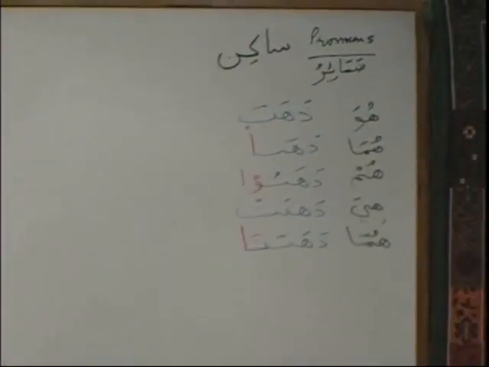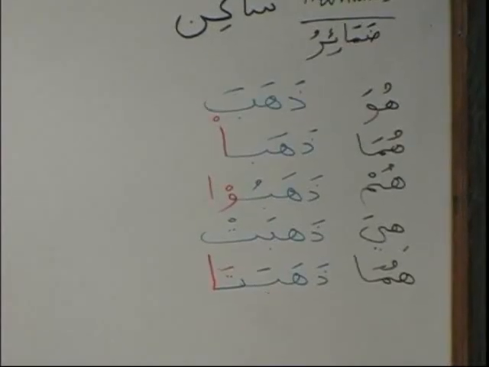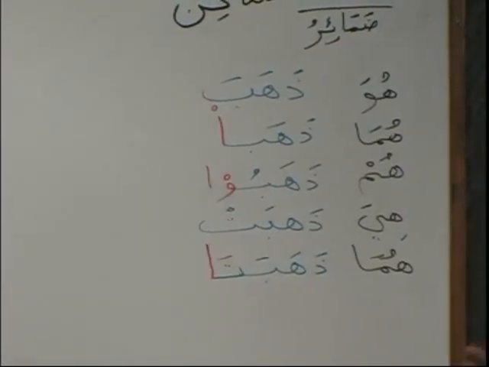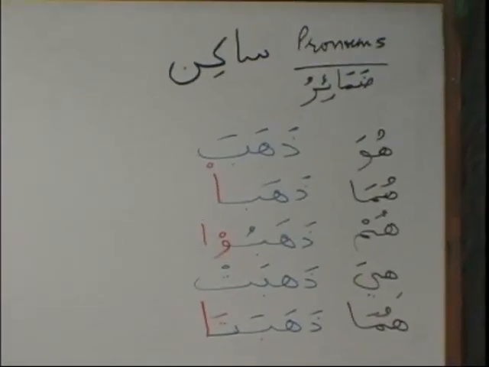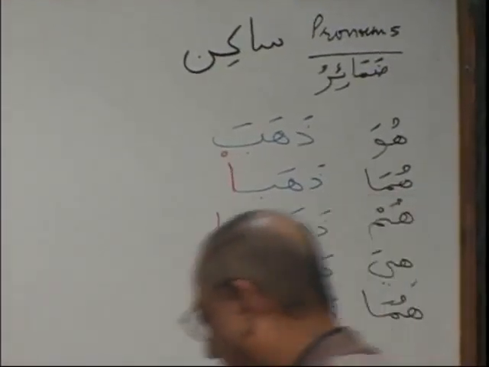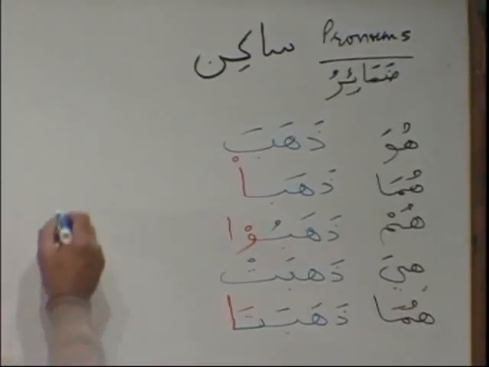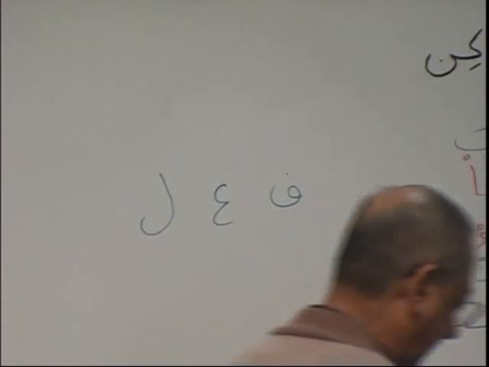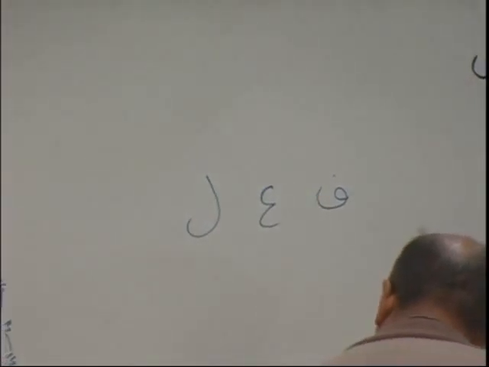And what is the root of it? The fa'ala. Fa'ala is the root. Remember? That's the pattern. Shall I write it down? Or you know it, fa'ala. But I think I should write it down, because somebody who's watching the video maybe will get it better, inshallah.